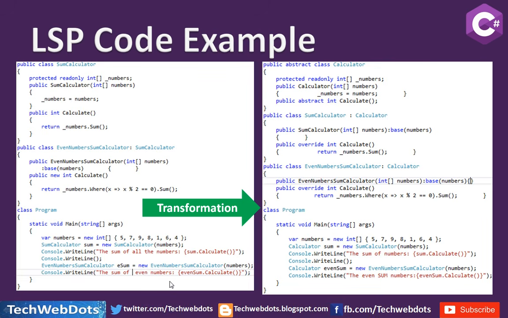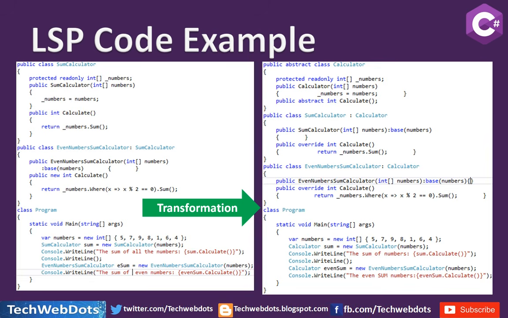But in this case, if we try to apply Liskov substitution, means assigning the child class instance into a sum calculator instance, that will not be possible.